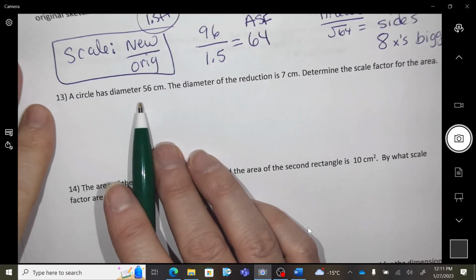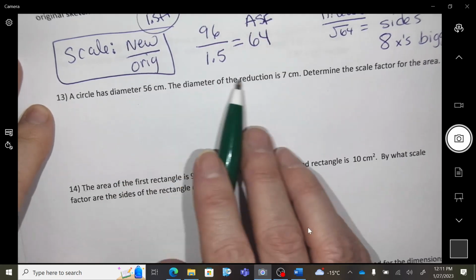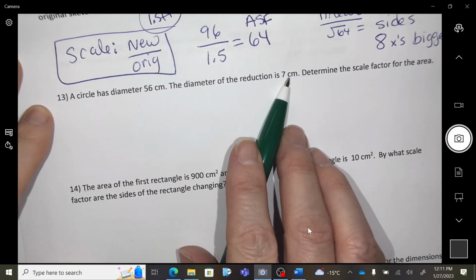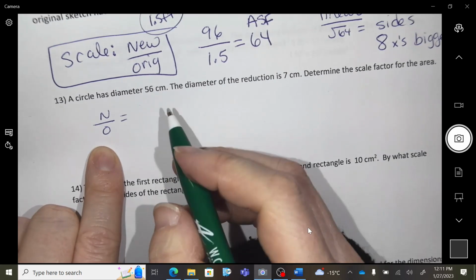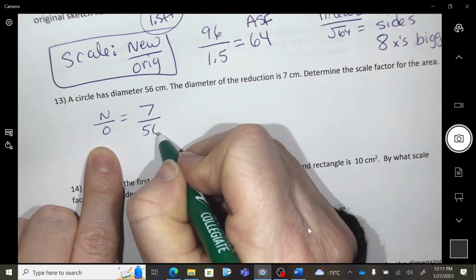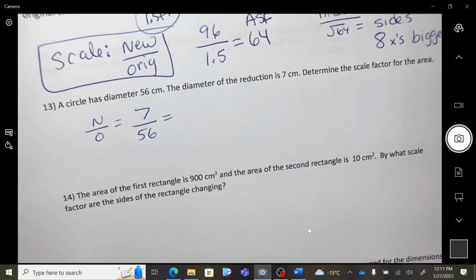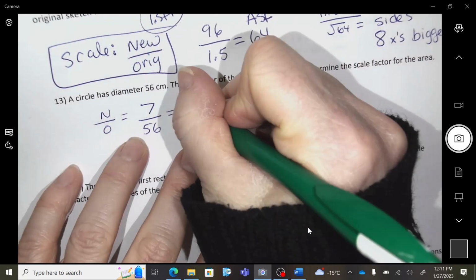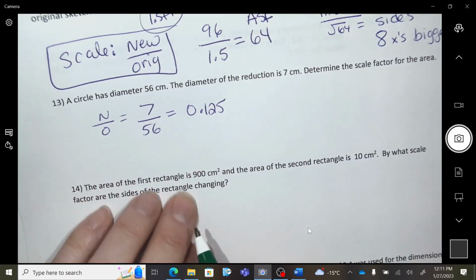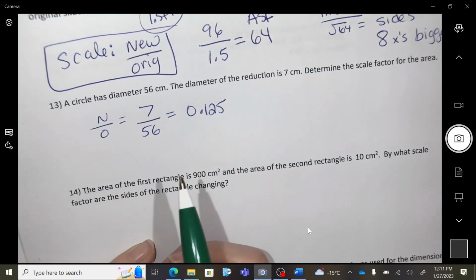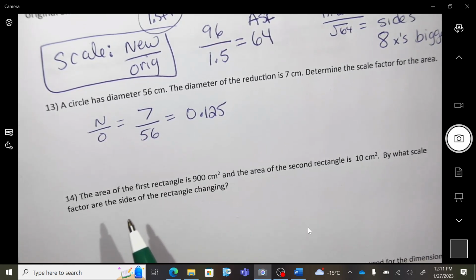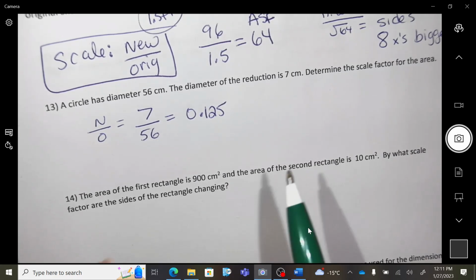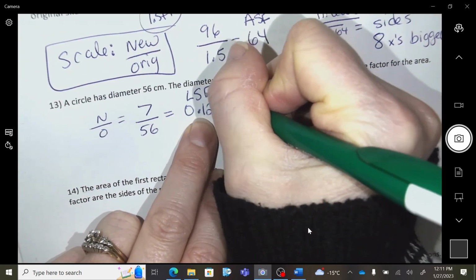Okay, so a circle had a diameter of 56 and then it turned into 7. So new divided by original. The new is 7 and the original is 56. So the scale is 0.125. Do you remember this as well? If that number is below 1, it's a reduction. Something you did, you shrunk it. So this is a linear, right?